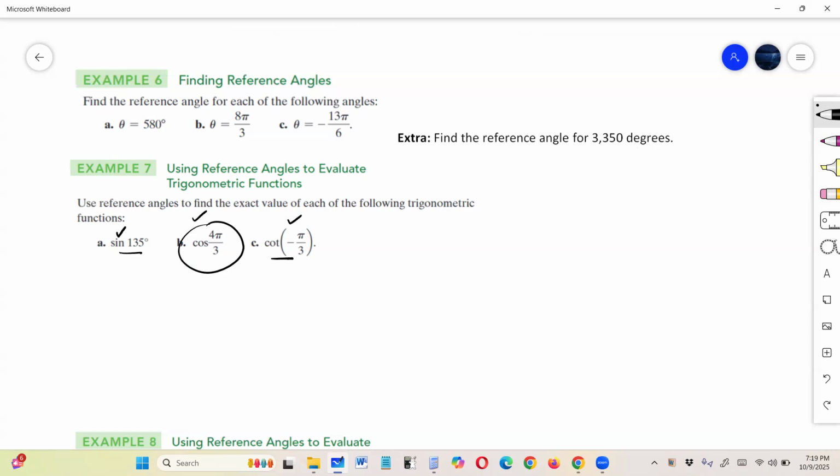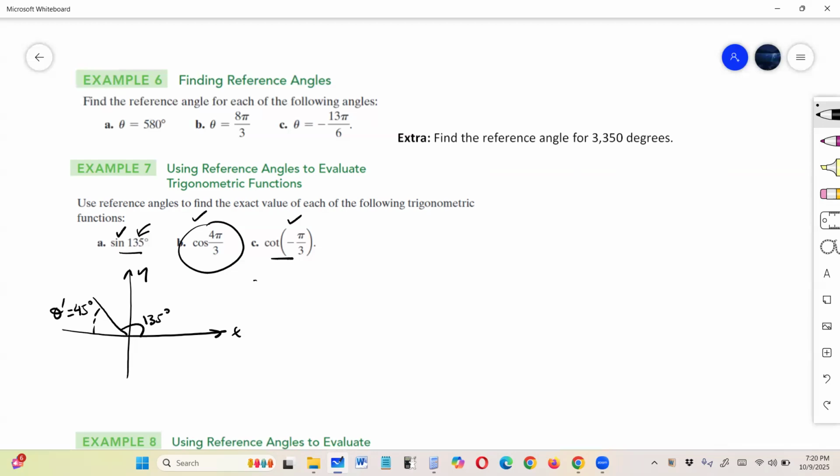So sine 135. So 135 is certainly not an angle that I do know, but maybe there's a reference angle here that I know. So 135 again is in the second quadrant. And the reference angle here is 180 minus 135, which is 45.